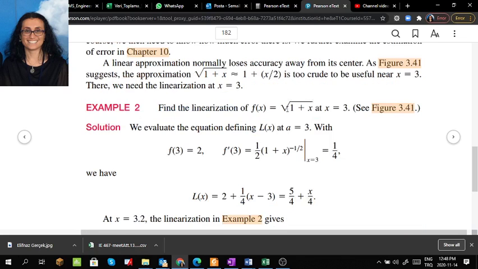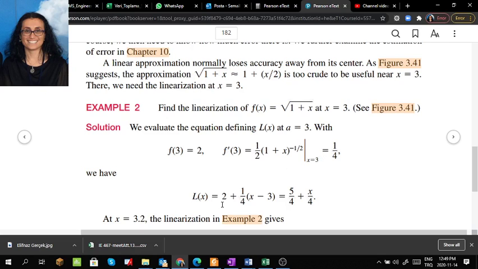Let's find the linearization of the same f but at a different point, 3. We are going to write the tangent line equation at that point, and then we are going to find L like this. We need f of 3 and f prime of 3 here. By taking the derivative, we get 1 over 4.